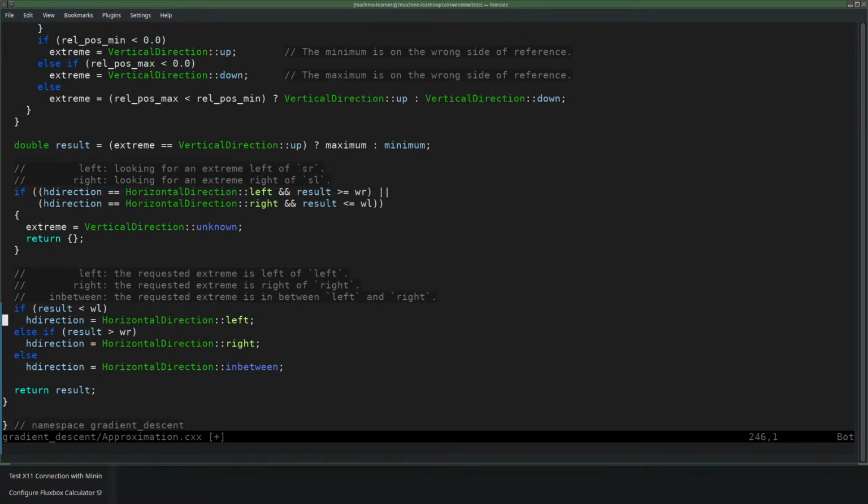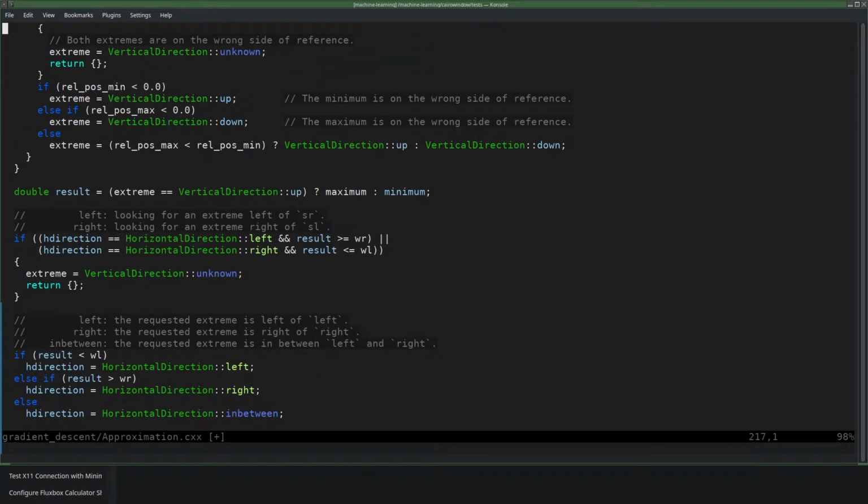Yeah, this is the same code as this. Less than W is just left. If it is larger, it's right, and otherwise it's in between. Maybe I should copy it exactly like this. Maybe better.